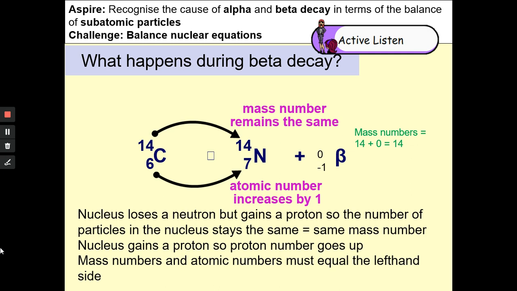But when we look at that bottom row, the atomic numbers, we need to make sure that that 7 on the right-hand side added to the proton number of a beta particle equals 6. And the only way I can do that is to give the beta particle a -1, because it's not a proton. It can't have a mass number, and so it's got that -1.